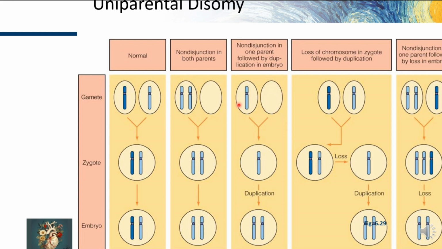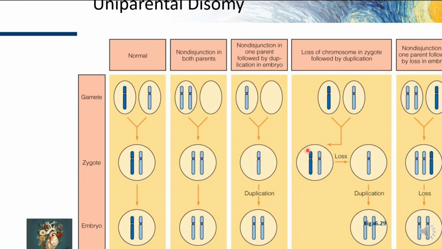So when they fuse, they carry only half the amount of genetic material, after which this chromosome duplicates itself, so that all the material is derived from the same parent, and this is another variant of uniparental disomy. In this you can see loss of the chromosome in the zygote followed by duplication.